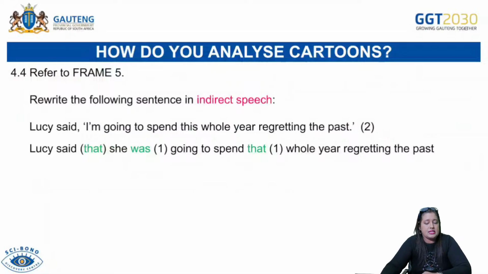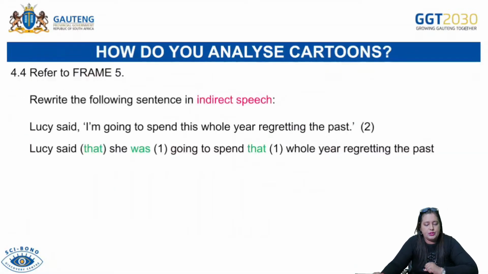All right. Then question 4.4, the language question. Put the following sentence in indirect speech. Remember, the words within the frame is the direct speech. We're now looking for the indirect. Lucy said, I'm going to spend this whole year regretting the past. Lucy said that she was going to, whoa, let's go back.